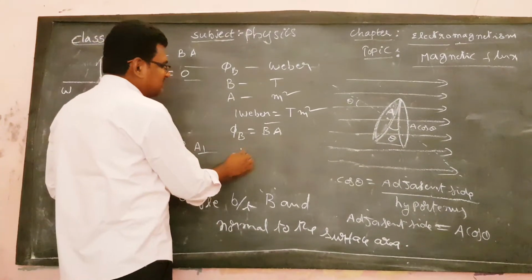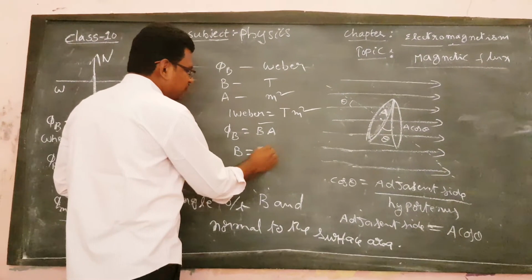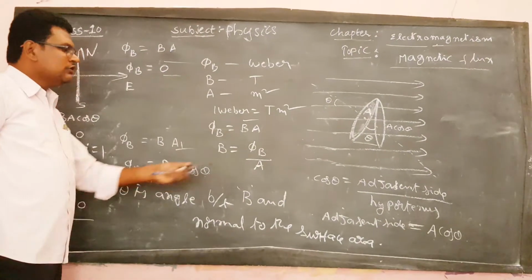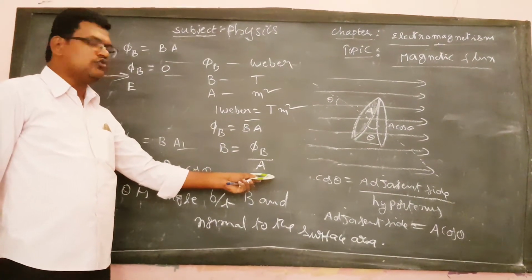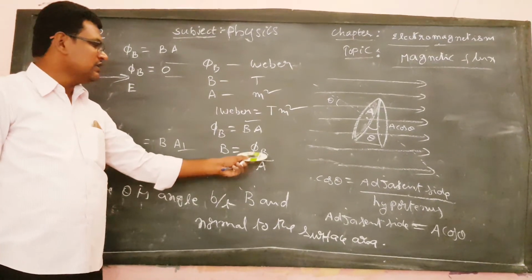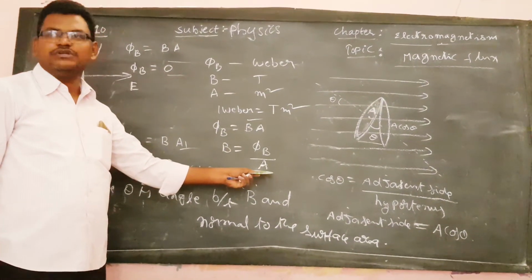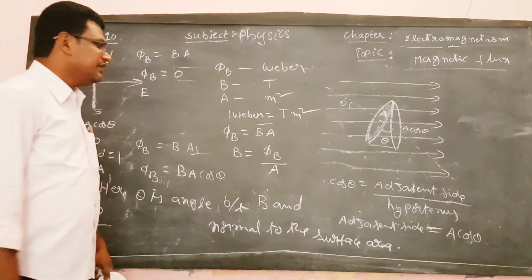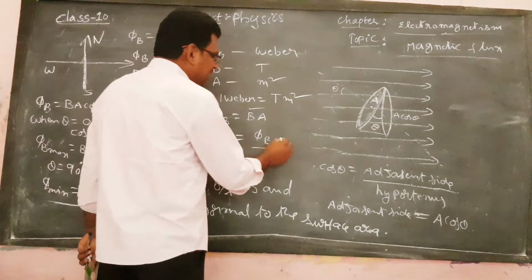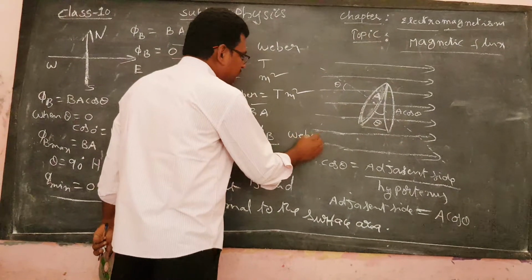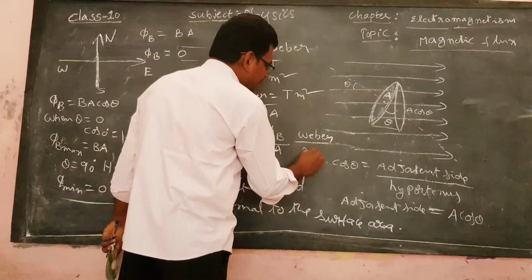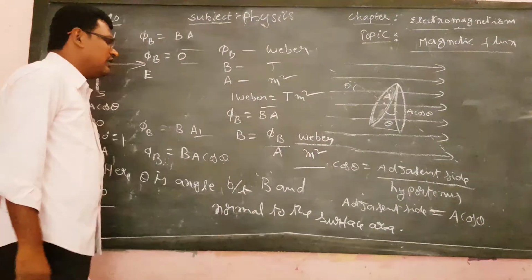So magnetic flux density B is equal to magnetic flux per unit area. The total magnetic flux divided by the total area can be read as magnetic flux per unit area, which is equal to magnetic flux density. The unit for magnetic flux density: magnetic flux is measured in Weber, area in meter square, so Weber per meter square.